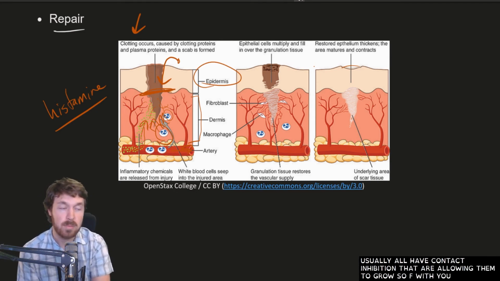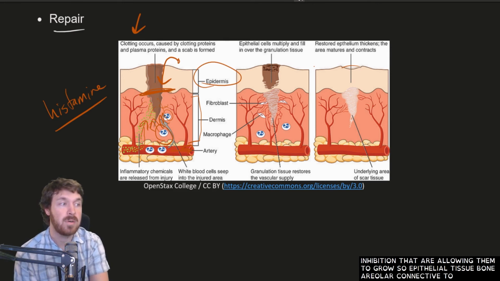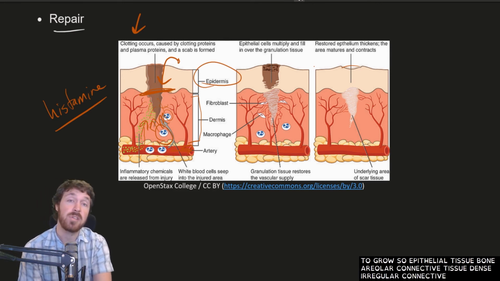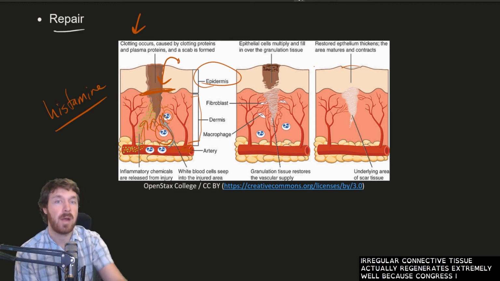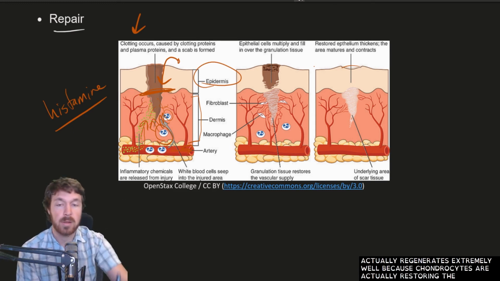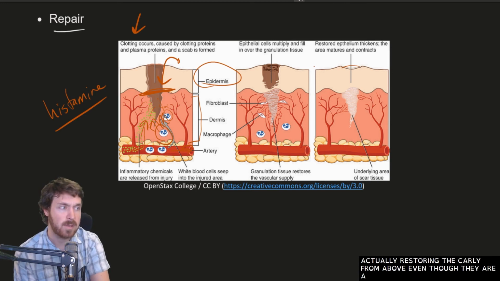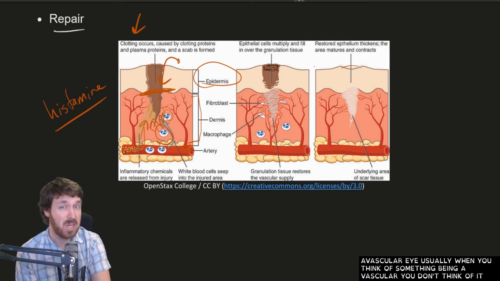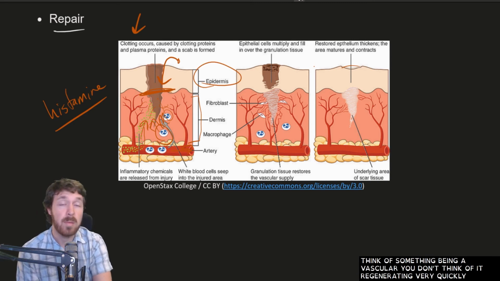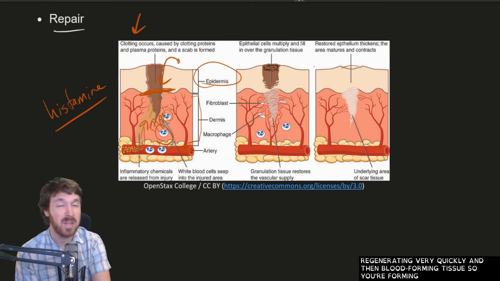So epithelial tissue, bone, areolar connective tissue, and dense irregular connective tissue actually regenerate extremely well, because chondrocytes are actually restoring the cartilage from above, even though they are avascular. Usually when you think of something being avascular, you don't think of it regenerating very quickly. And then blood-forming tissue. So you're forming red blood cells, white blood cells at a pretty fast rate.